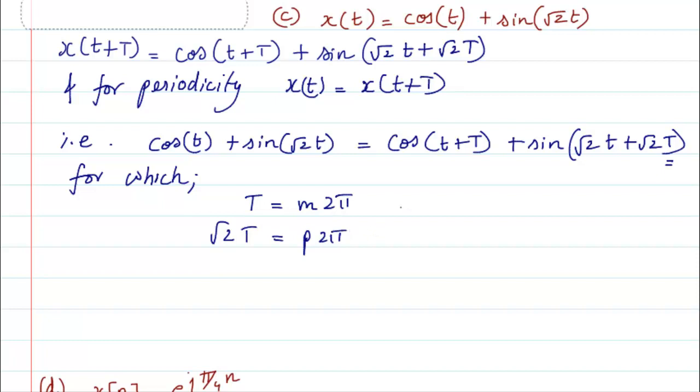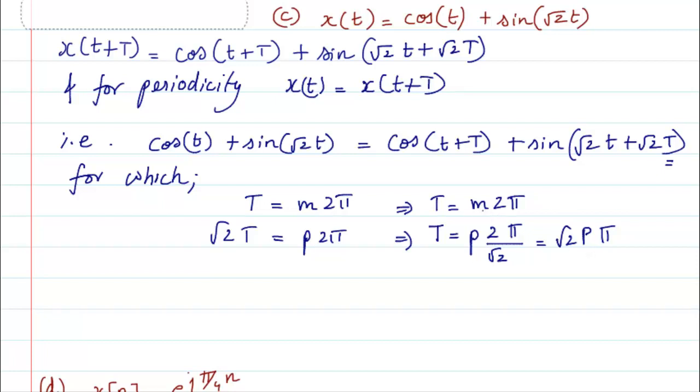From here I will get that capital T is equal to m 2 pi, no problem, and here I will get capital T is equal to p 2 pi divided by root 2, where 2 and root 2 will cancel off and we'll get a root 2 on the numerator.